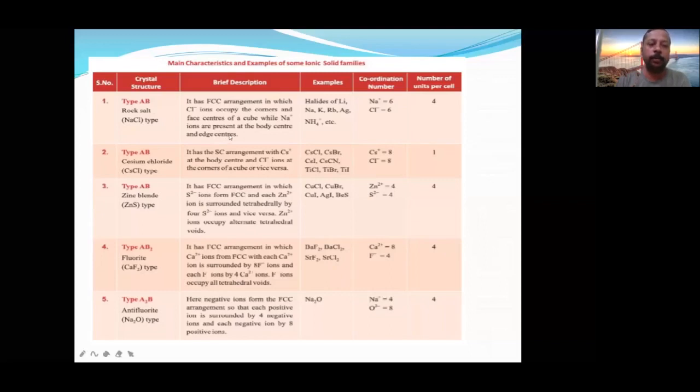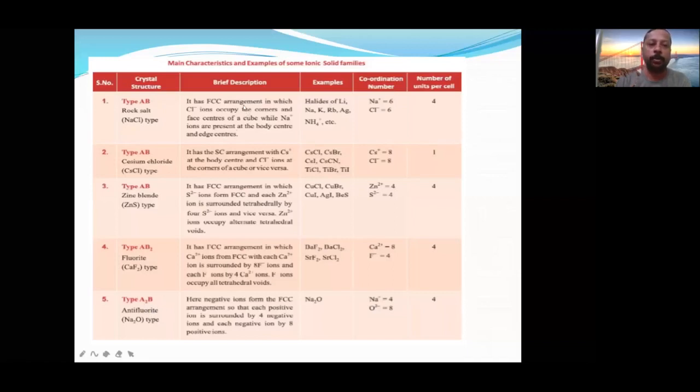These are the only ones available: AB type, rock salt, cesium chloride CsCl, and zinc blende. There are two types of ZnS: wurtzite is different, zinc blende is different. And fluorite structure AB2 and anti-fluorite structure A2B.